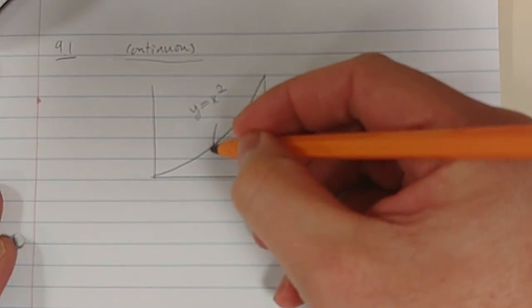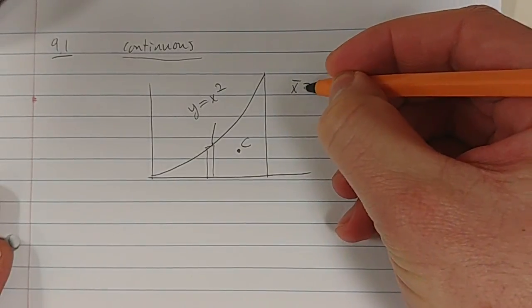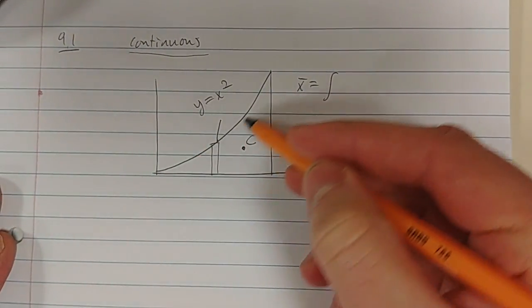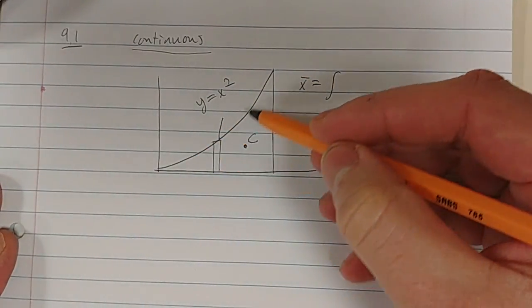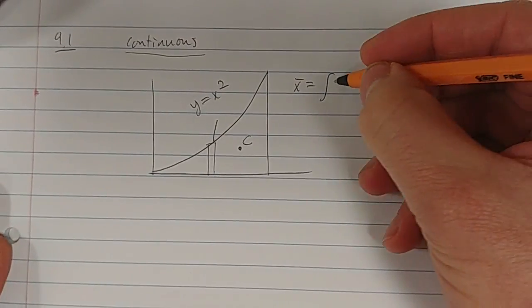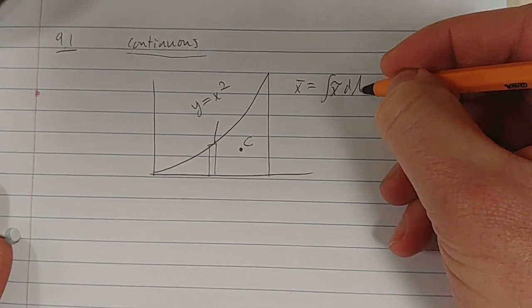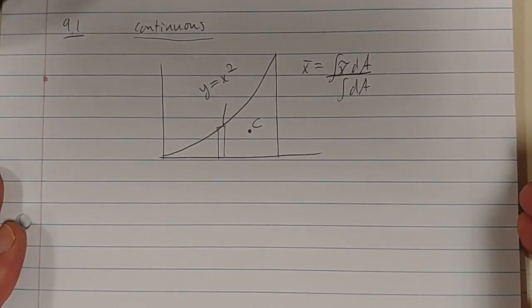We needed to set up a little differential element and use integration because we were integrating over a complicated continuous structure. So we use something like this, x bar equals the integral of x dA over the integral of dA.